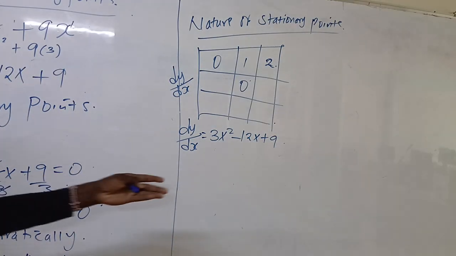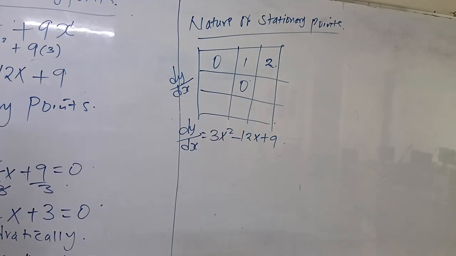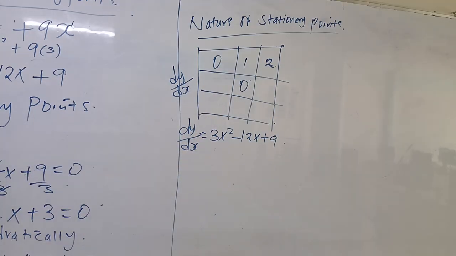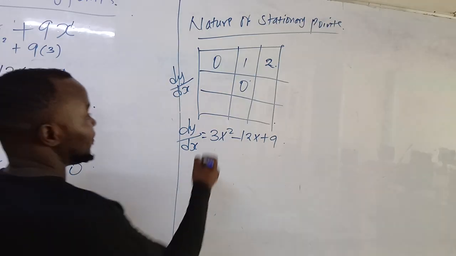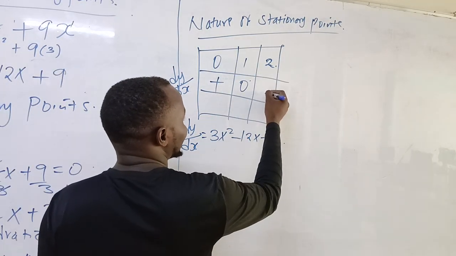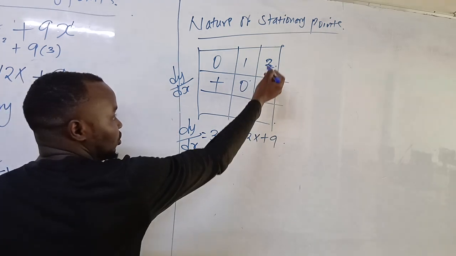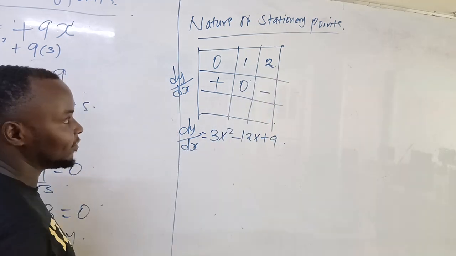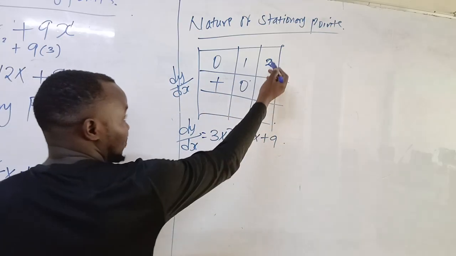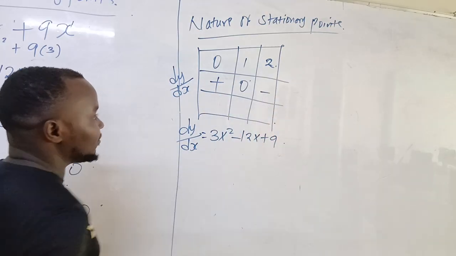When you replace 0, you are going to get a positive value. When you replace 2, you are going to get a negative value.